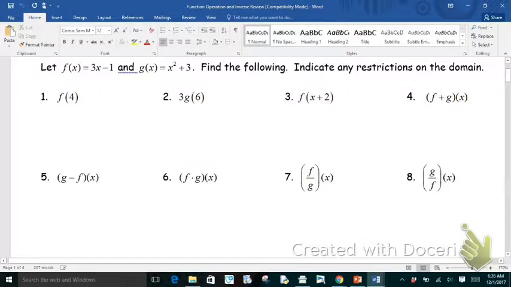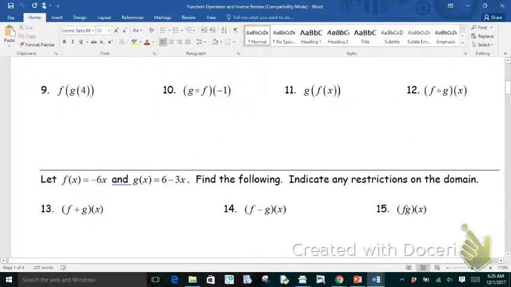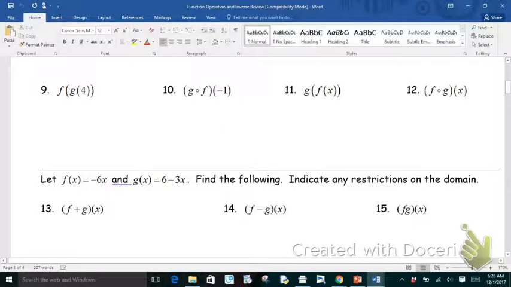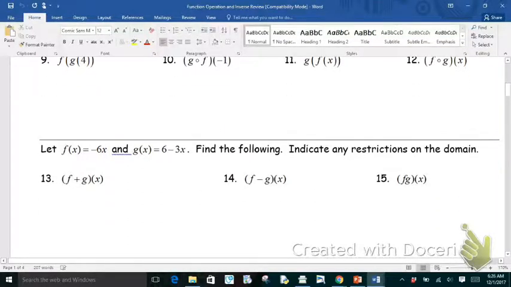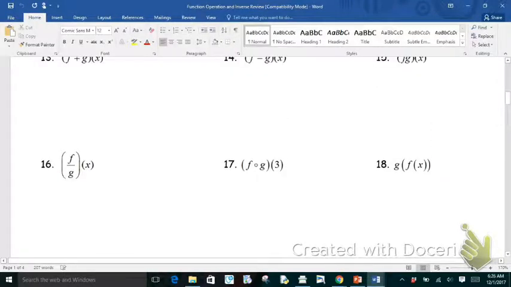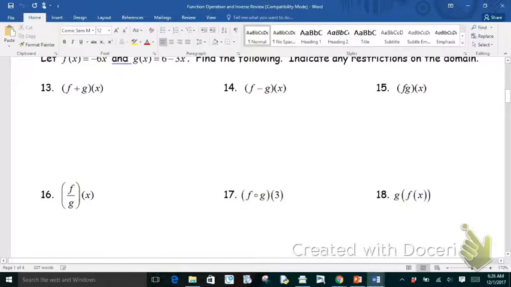Alright, with that, let me see if there are any others. Notice on problems 10 and 12, that is not multiplication, that is g of f of negative 1 and f of g of x. Alright, let me see which one I wanted to talk about.